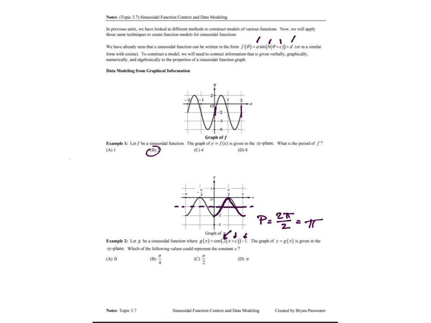This is supposed to be a cosine function. Cosine typically starts at 0, 1, and then we see it going down from there. So what is C such that the maximum is not located at 0 but at pi over 2? C has to be pi over 2 here. I wish that it said C was negative pi over 2. Let me tell you why it doesn't. Because it says plus C right here.